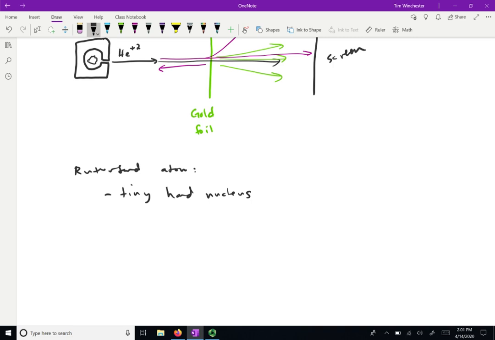If you hit the nucleus, you just bounce backwards. And the nucleus has almost all of the mass in an atom. Otherwise, the atom is mostly empty space, and the electrons are somewhere in that mostly empty space.